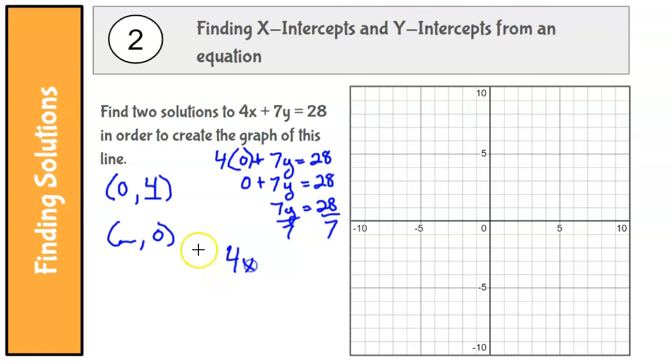So 4x, let's find the second one here, equals 28. Again, this is all just going to go away, because 4 times 0 is 0, so 7 times 0 is 0. And if I add 0 to 28, I'm going to get 28.